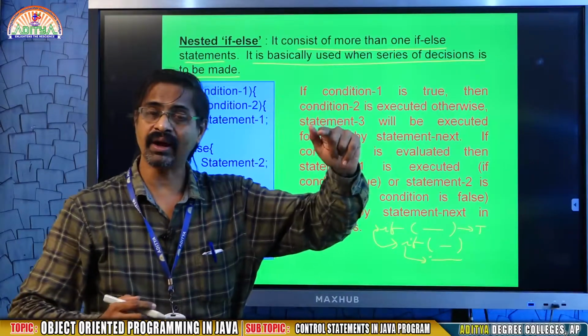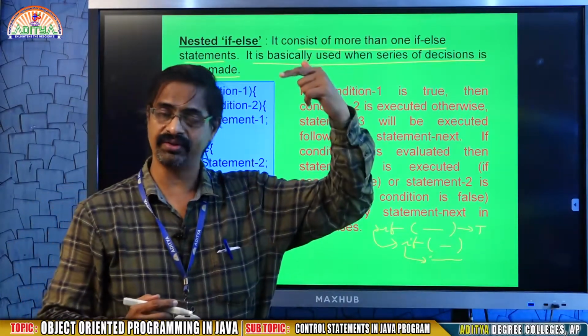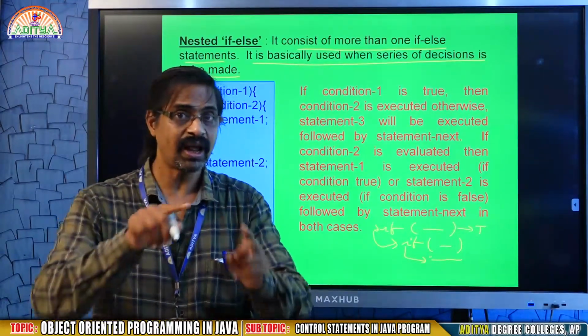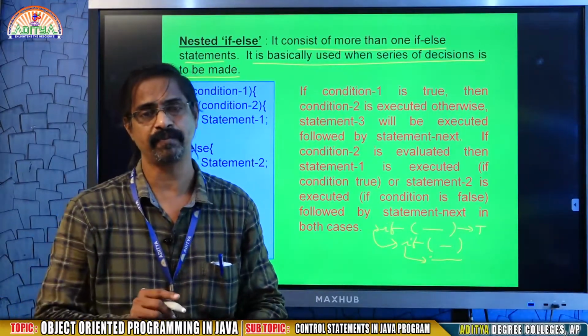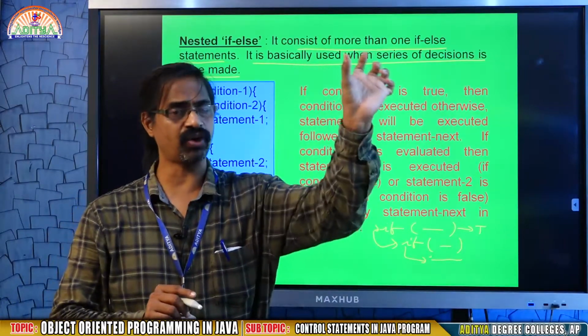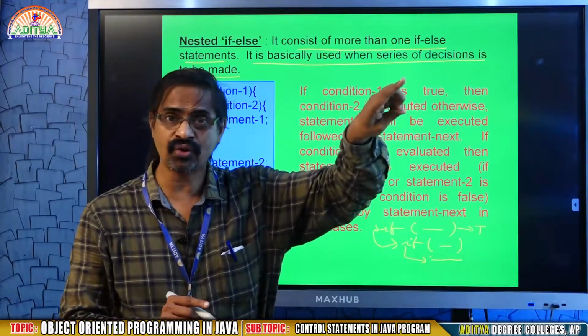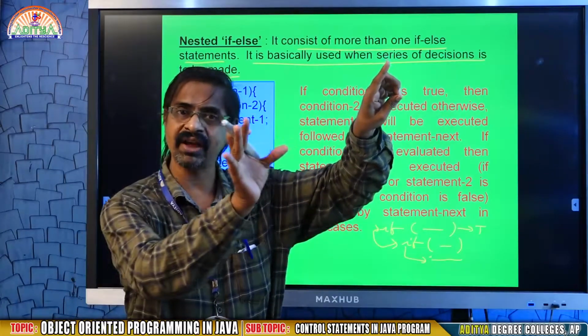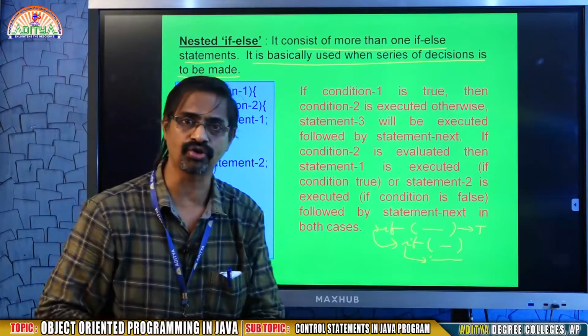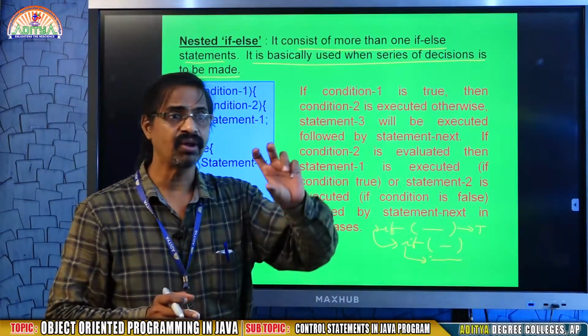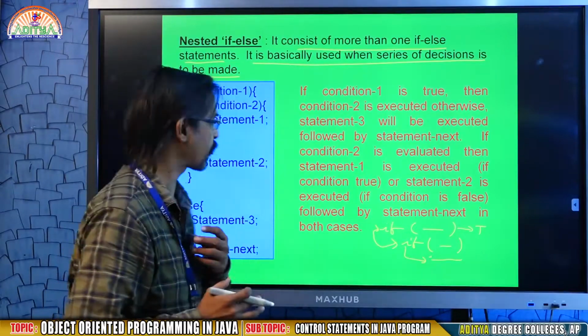That means here the employee is male, at the same time the age is 50 to 60 and he works in the sales department. That means when the first condition is true, it will come into the second. In case the first condition is false, I don't want the age and department, then I want to go out. In the situation when a series of conditions are there, we are going to use this if.